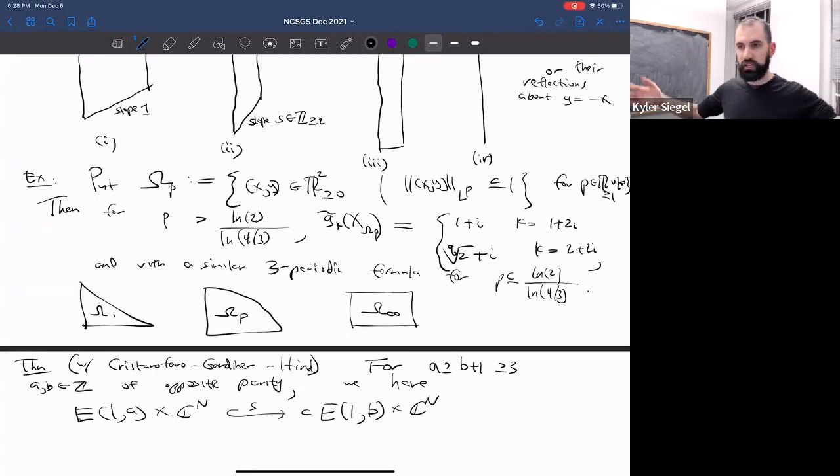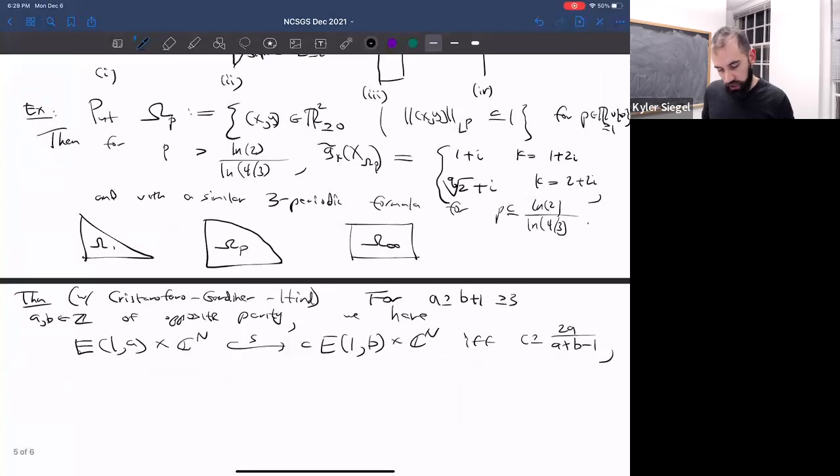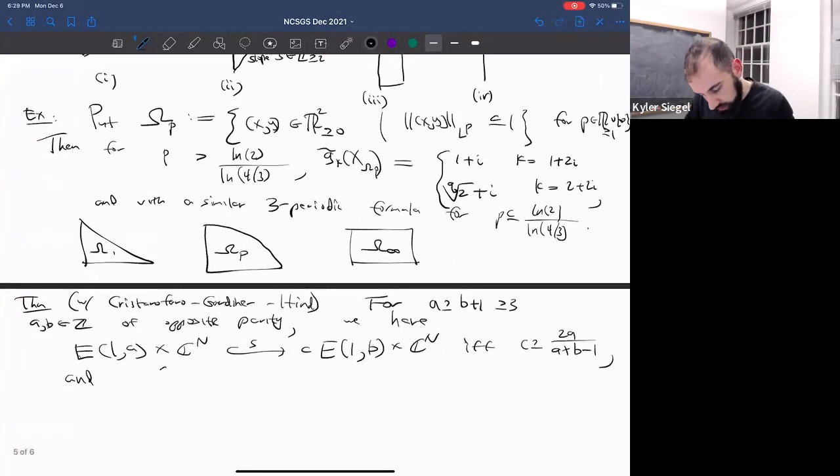Here we've stabilized, so it's a high dimensional problem. The answer is you can do it if and only if C is at least 2A over A plus B minus 1. And moreover, what's relevant for this talk is that this GK tilde gives sharp obstructions in this case. They give exactly the minimal value of C.